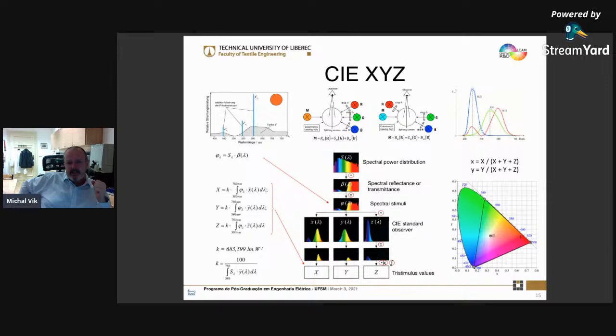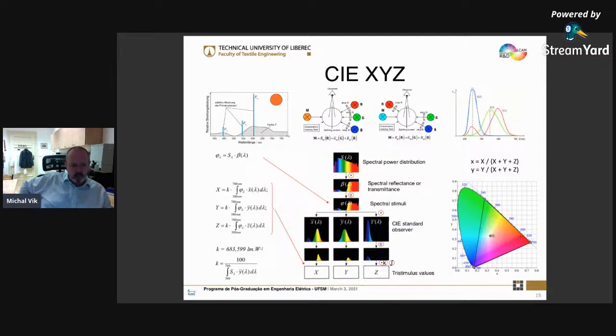But what is important? The CIE XYZ system allows me to correctly describe the appearance of different stimuli which can come into my eyes. What do I mean? You remember, I said we have primary radiators, meaning colored lights, and secondary radiators as colored surfaces.